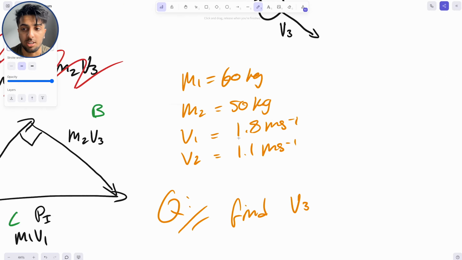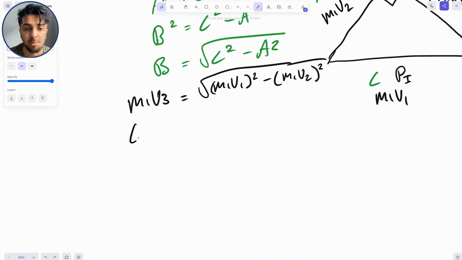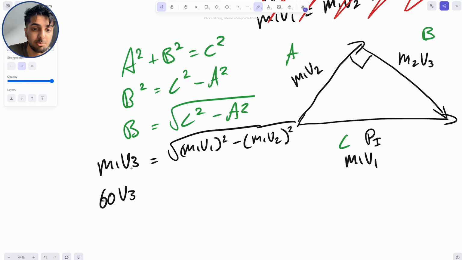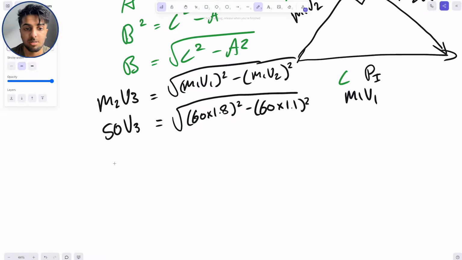Right, and so chucking in our values over here, we get m2, which is 50 kgs, so 50 v3. Sorry, I said m1 there, that's m2, not m1. And that's equal to the square root of 60 times 1.8 squared minus 60 times 1.1 squared.